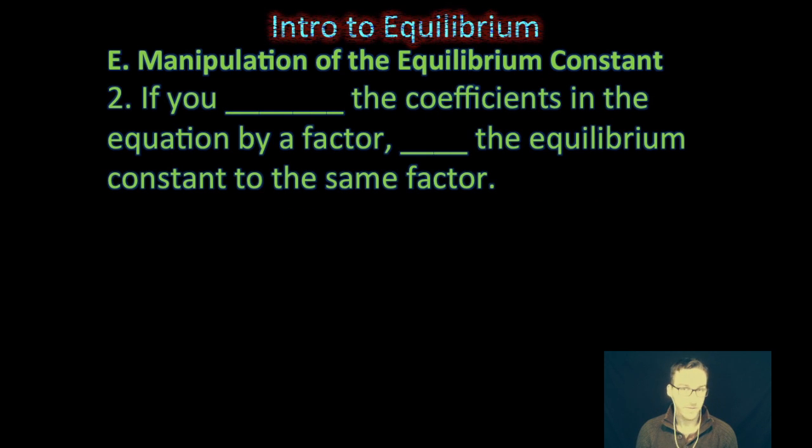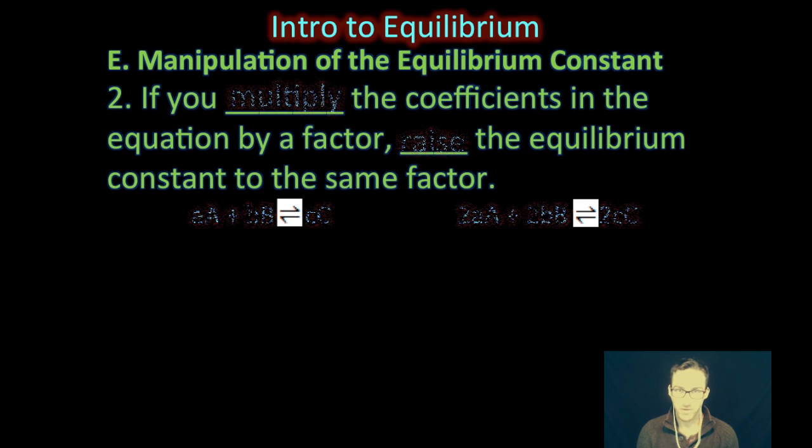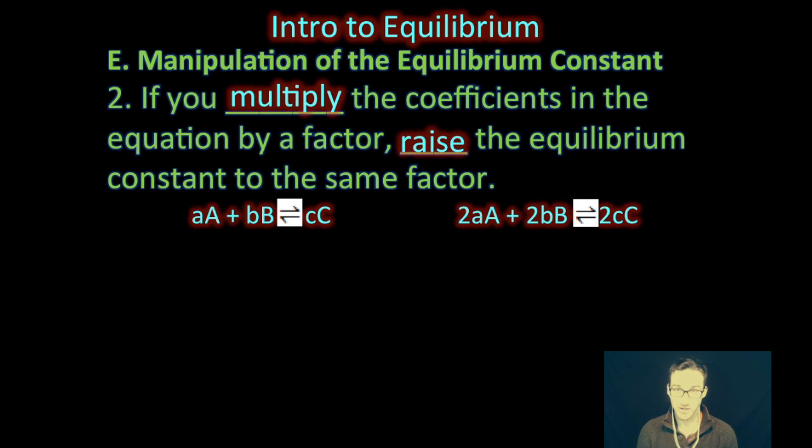2. If you multiply the coefficients in the equation by a factor, you raise the equilibrium constant to the same factor. As you look at the equilibrium expression on the left of your screen, if we were to write an equilibrium constant for that, we would get products over reactants.